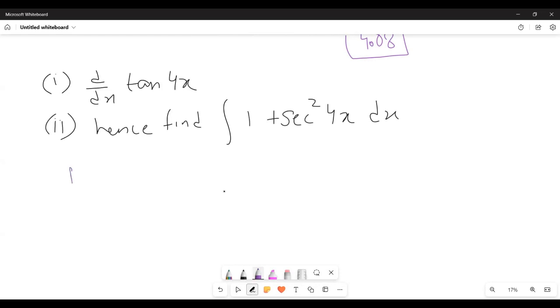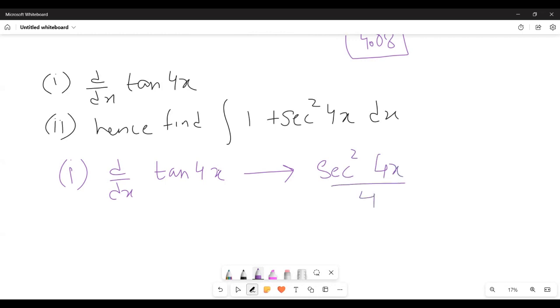So we do part 1 first, which is to differentiate tan 4x. The derivative of tan f(x) is sec^2 f(x) times f'(x). It's going to be 4 sec^2 4x. I'm writing 4 over here.